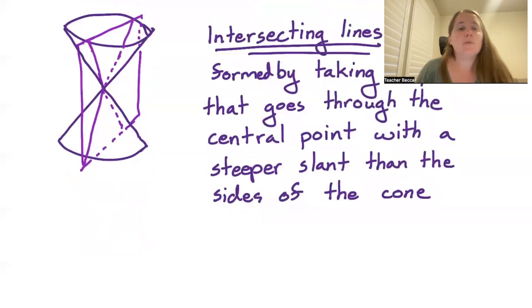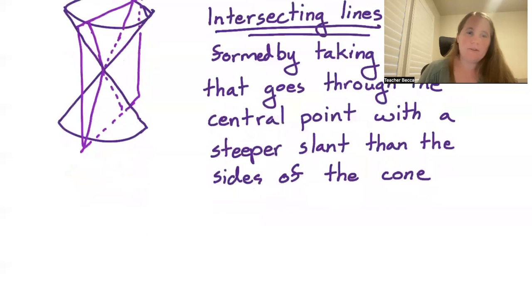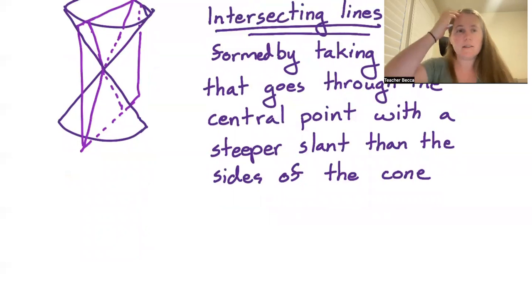We can also get a parabola if we take a plane that runs parallel to the sides of the cone.